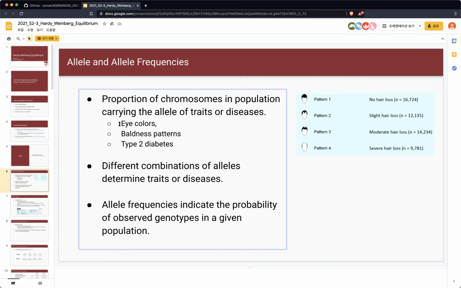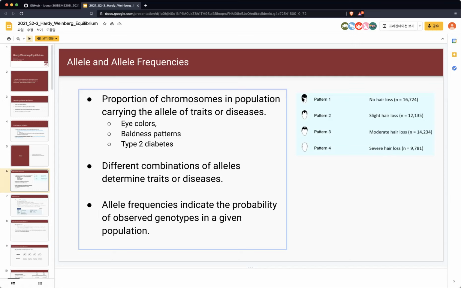Okay, and also, like, the baldness pattern. These are fun cartoons, but this is actually how we define baldness in a population, right? This is the definition from UK Biobank data, which is a population-level study from British society, looking at different males and females, and they define how males or females have baldness in their population, right?